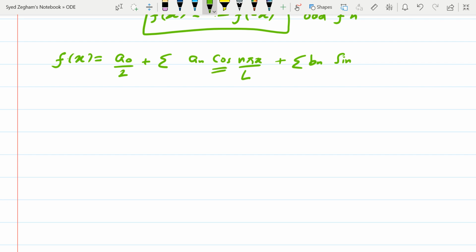Here you have taken cosine, now you will take sine, sine n pi x divided by L. Okay, this is the formula for Fourier series.